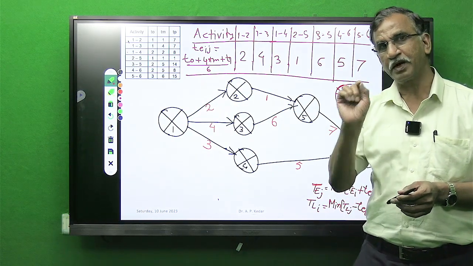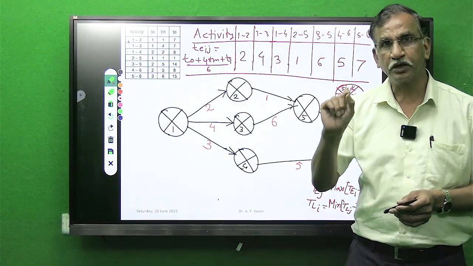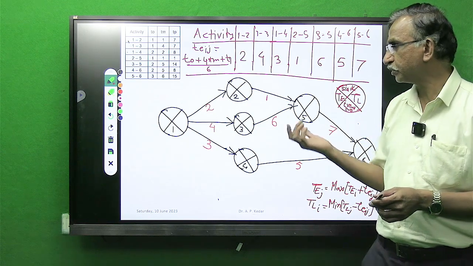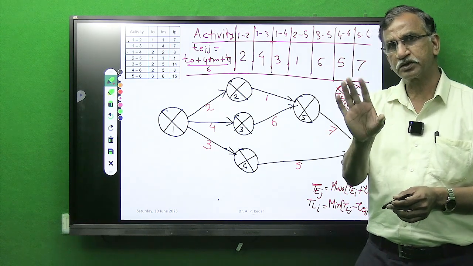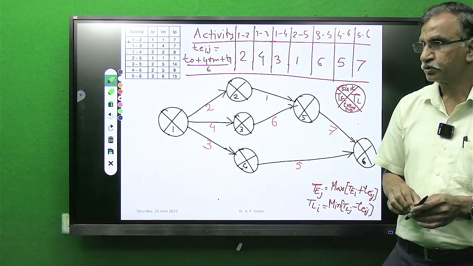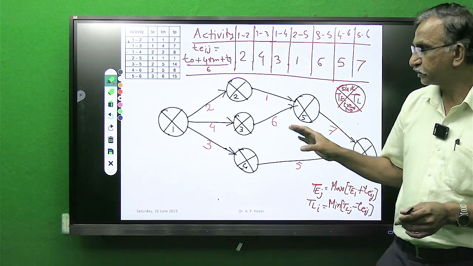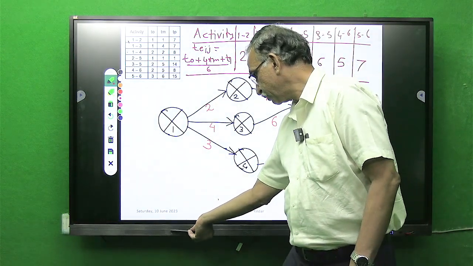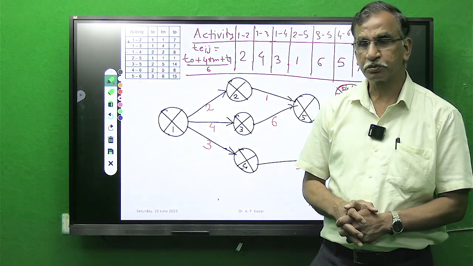Once you are a master in drawing the logical network from the given relationship, your task becomes easy. And once you are through in drawing, once the network is correct, no issue. So here we'll stop today's lecture. In the next lecture I will move from this point onwards. So let's end today's lecture at this point of time.